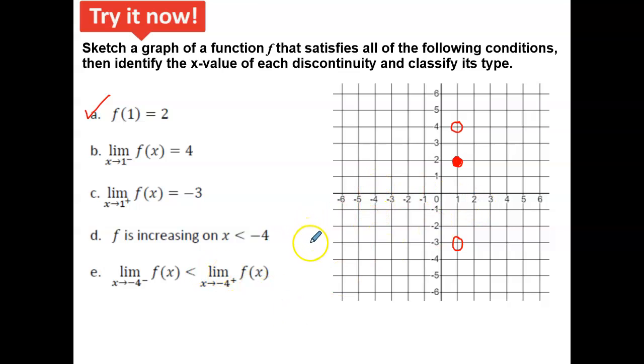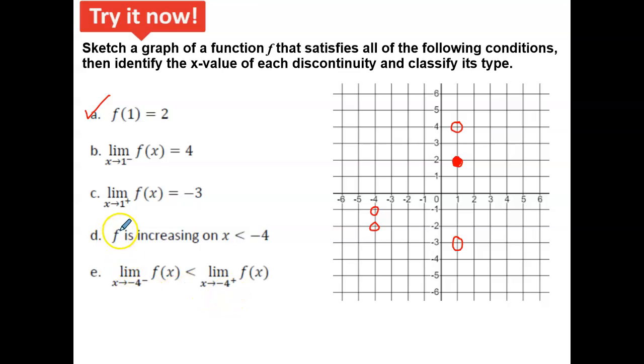So if I approach from the left and I want to end up, say, at negative 2, that would be smaller than negative 1. Right? So I need to make sure I connect from the left at negative 2 and from the right at negative 1. And then I would satisfy my condition E.